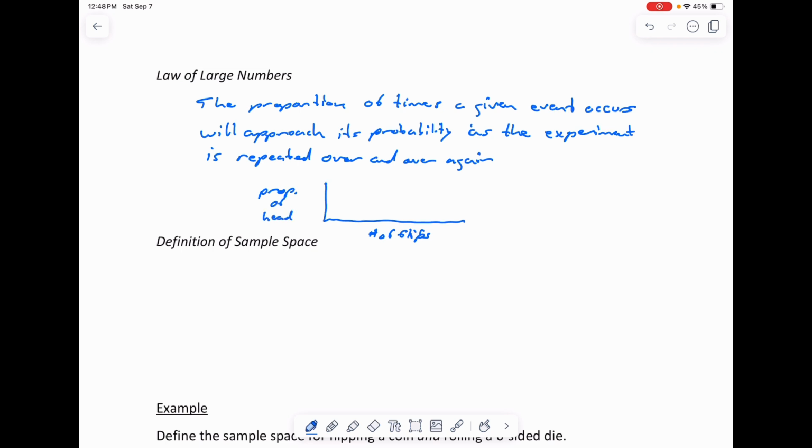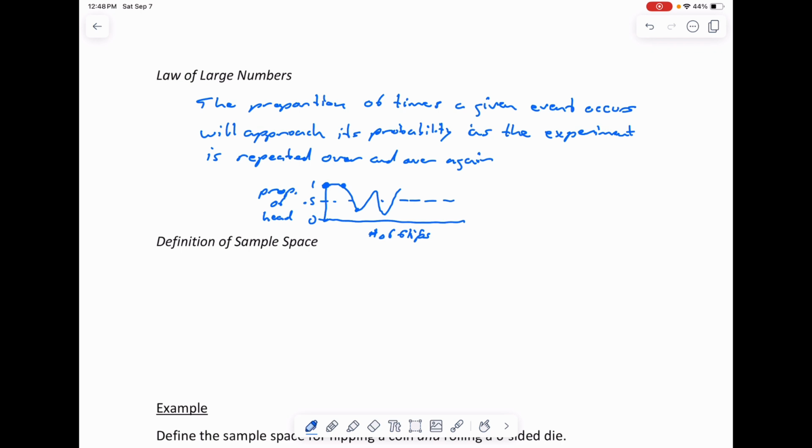If this is 1 and this is 0, and here's 0.5, I'm going to put a little dotted line there. So I might flip a head, and so I'm at 100%. And then I flip it again, and I might get another head, and I'm still at 100%. And then I flip it again, and this time I get a tail, so I'm at 2/3, or about 67%. And so as we do this over and over again, this is going to fluctuate.